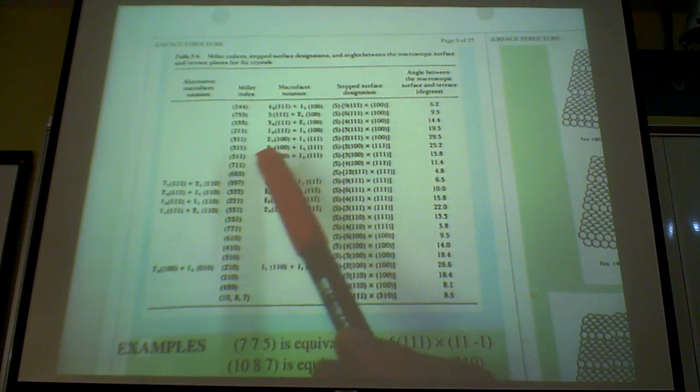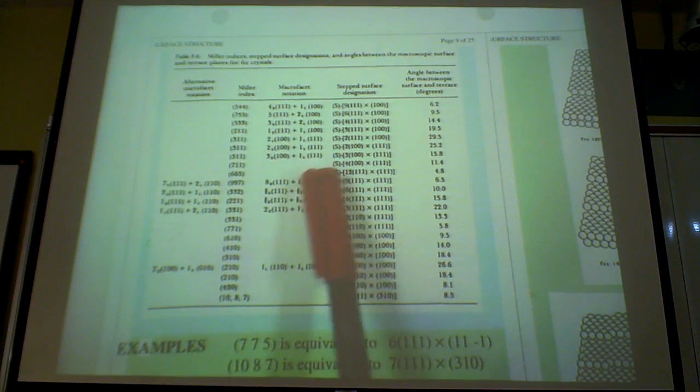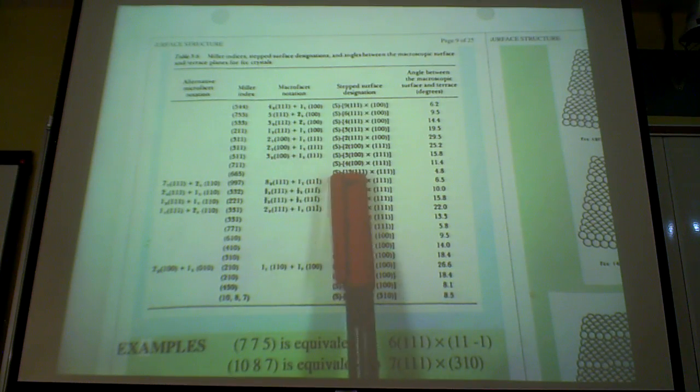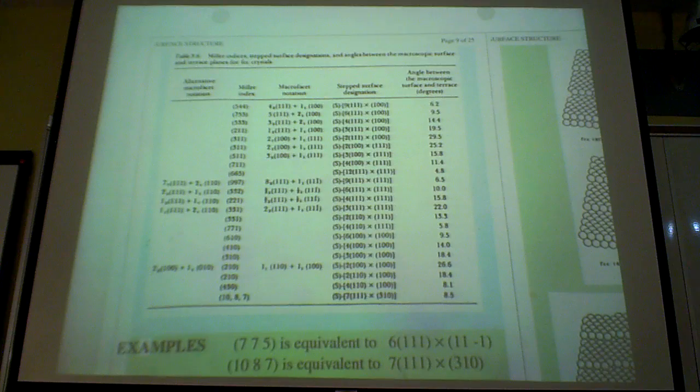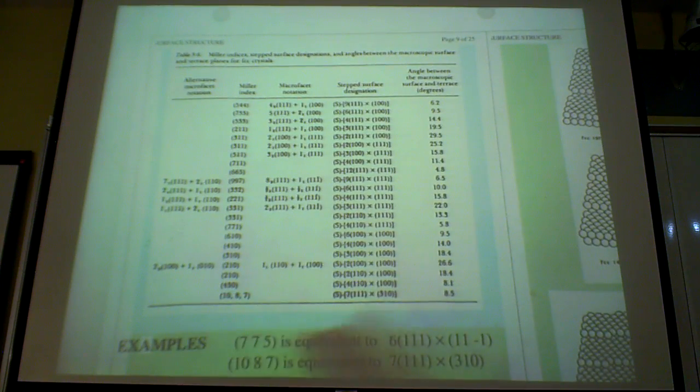So if you are talking about 711, then it will be step 4100 by 111, okay? So that's how Somorjai's notation relates to high Miller surfaces.